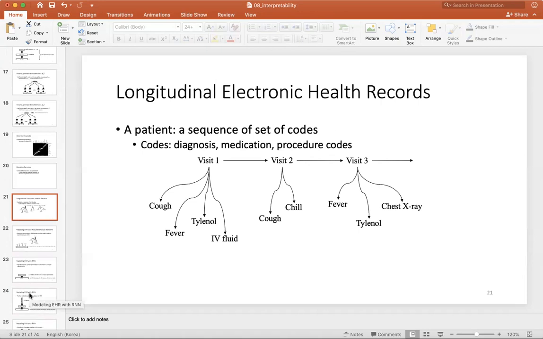Okay, so if we're trying to do heart failure prediction, just like before, there's a sequence of visits, visit 1, visit 2, visit 3, and different things happen in each visit.